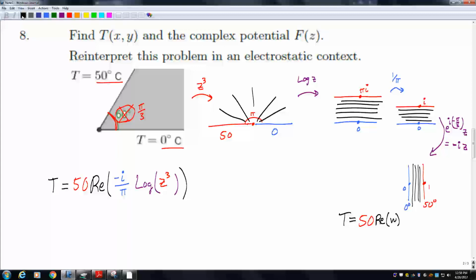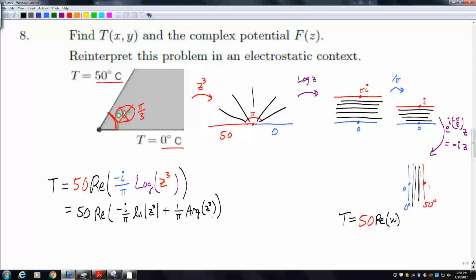I might be interested in writing T as a function of x and y, more likely. So this is the real part of, if we write out what log means here, I have negative i over pi times the natural log of z cubed, and then plus i times minus i is just a plus 1. So I just have 1 over pi times the argument of z cubed.